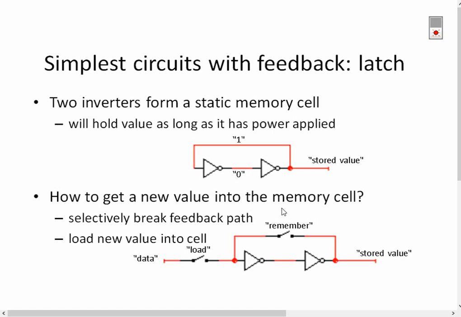And I can use this concept to actually create a memory cell. Imagine that I have some data out here. Maybe it's a value coming in that's a 0, or maybe it's a value coming in that's a 1. I might want to come in here and say, I want to remember that value. I can do that with this remember switch.